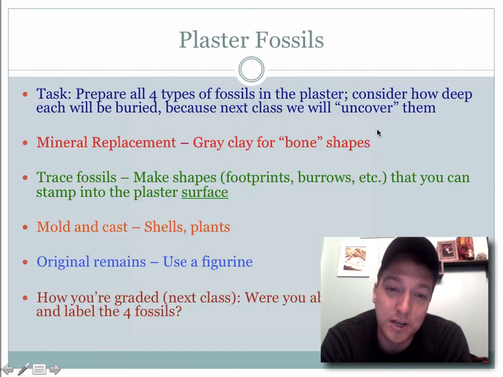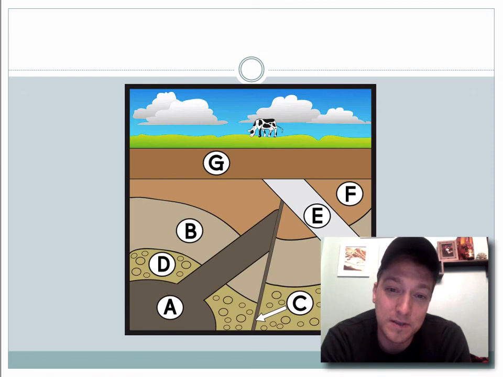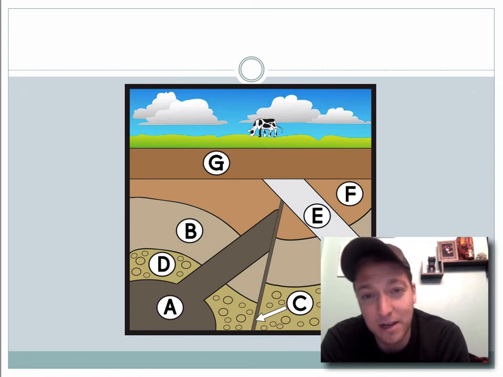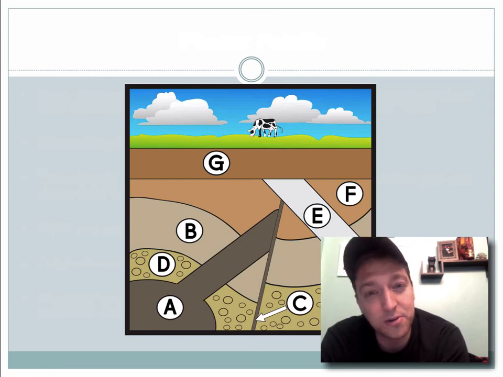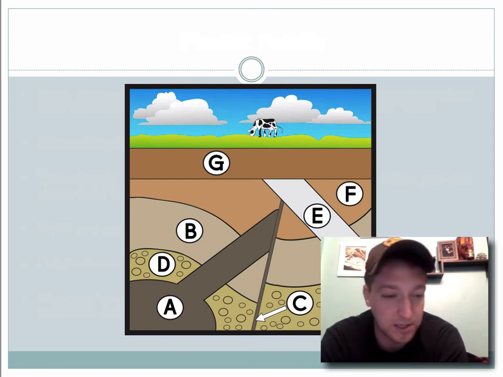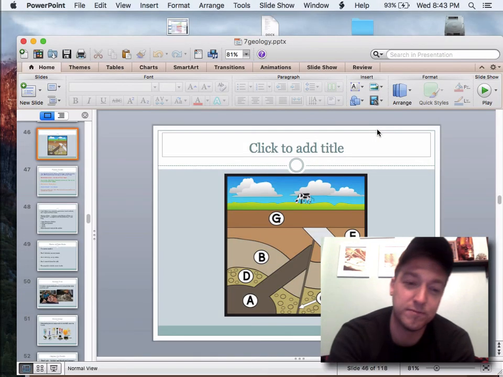And then you have some really hard. This has everything, and it's got a lot of layers, so that's hard. So your homework is to try to put those puzzles in order. Hope you learned something today about fossils and rock layers.